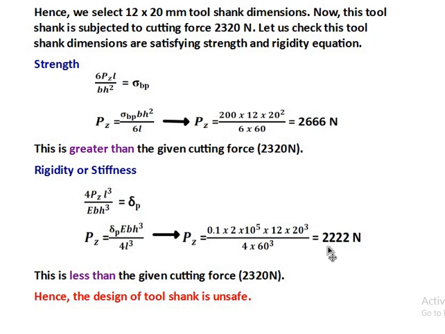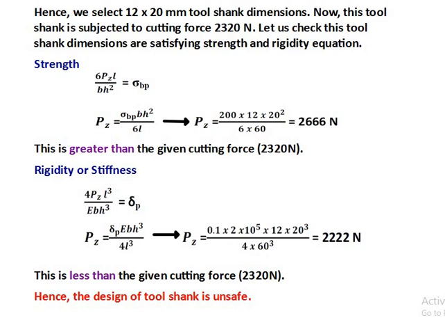But this force is less than the given cutting force, that is 2320. So if you choose these tool shank dimensions, 12 cross 20, then the design of the tool shank is unsafe, because it is not satisfying the rigidity or stiffness criterion.